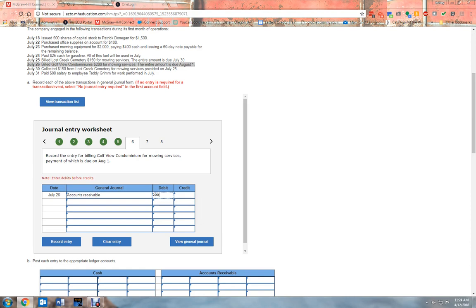That's an asset account. To increase it is a debit entry. And again, this resulted from our services we provided for mowing. Therefore, this is a revenue. Revenue is the I in Alice for income, and to increase it is a credit entry.